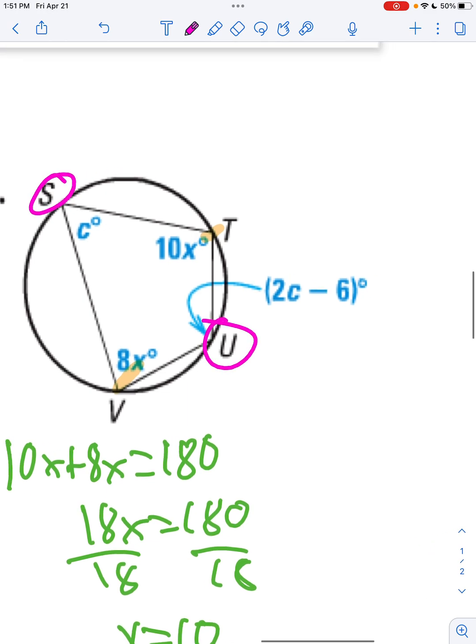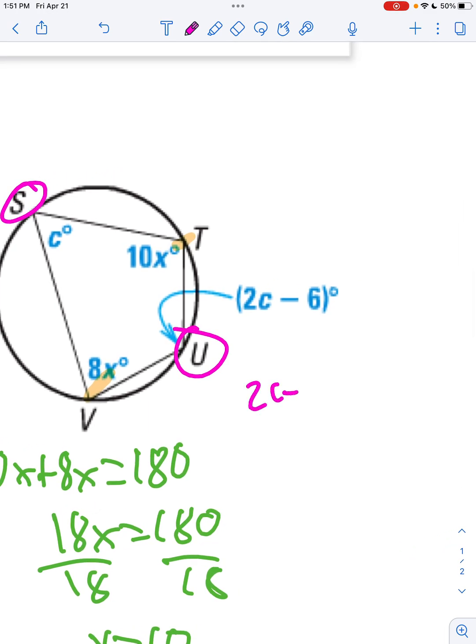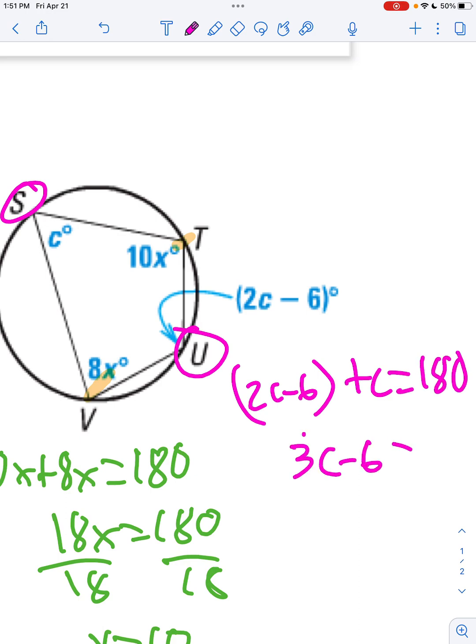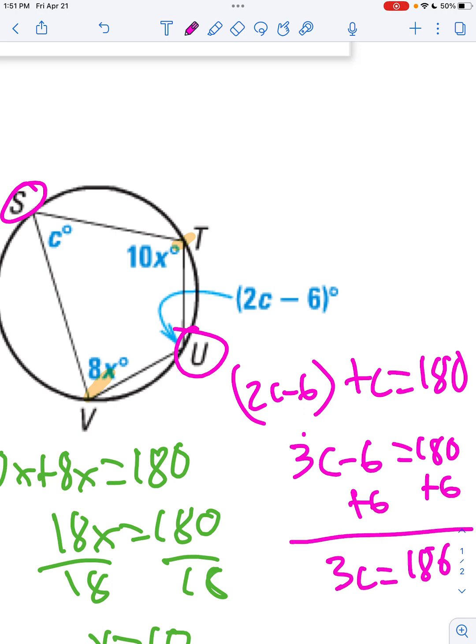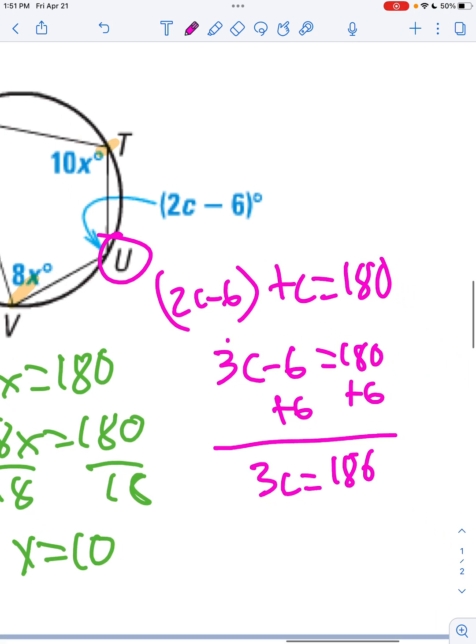These two angles add up to 180. 2c minus 6, the parentheses are not going to matter. 2c plus c is 3c minus 6. Add 6 on both sides. 3c equals 186. And 186 divided by 3 equals 62.